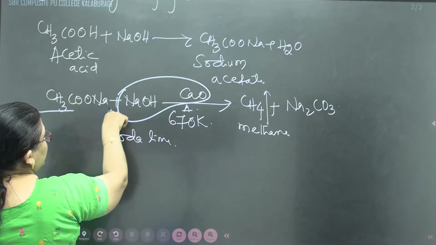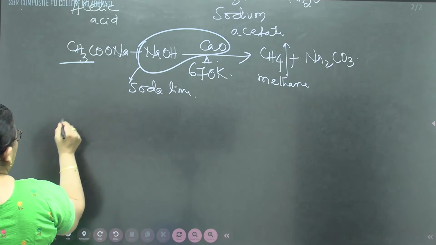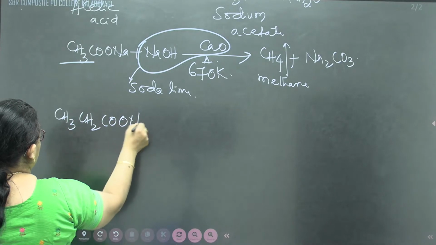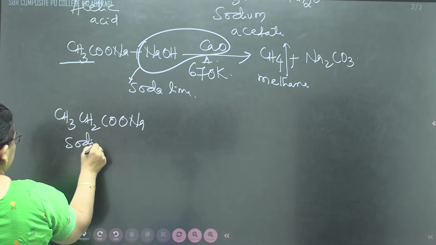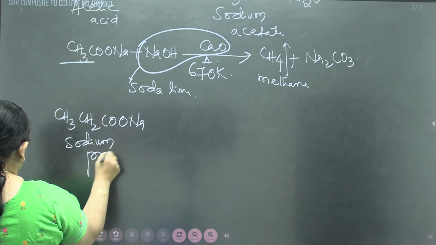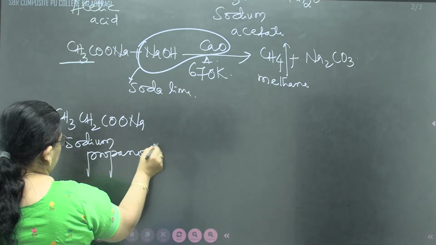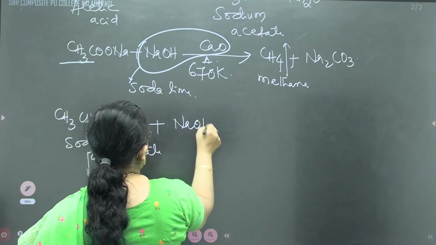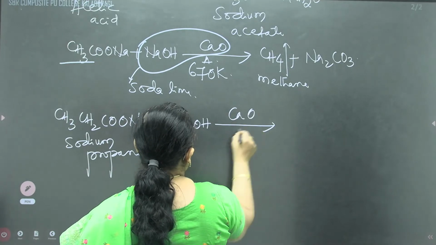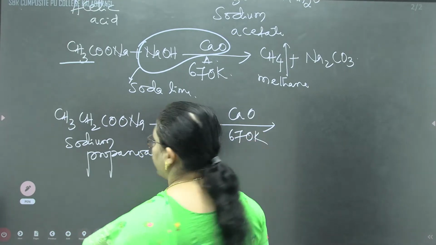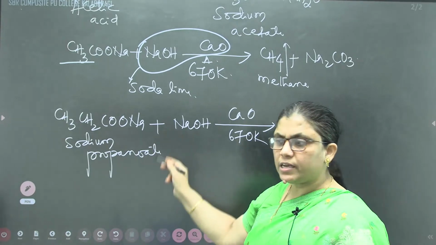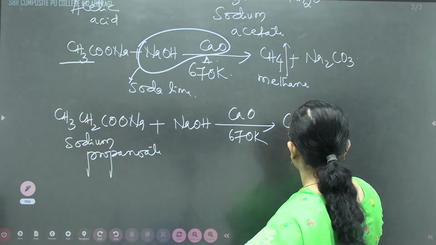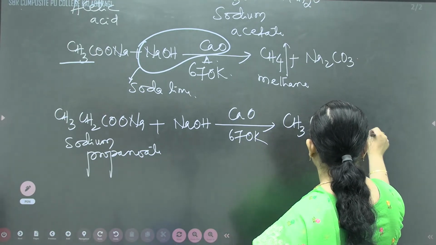If I am going to take 3 carbon atom carboxylic acid, CH3CH2COONa, sodium propanoate, on heating with the soda lime, there we are having 3 carbon atoms and the product side will get 2 carbon atoms. CH3CH3 plus Na2CO3.